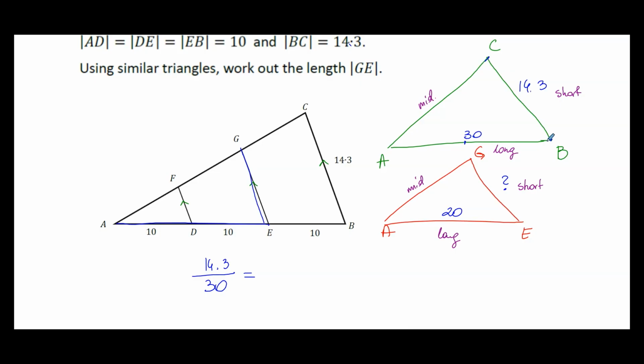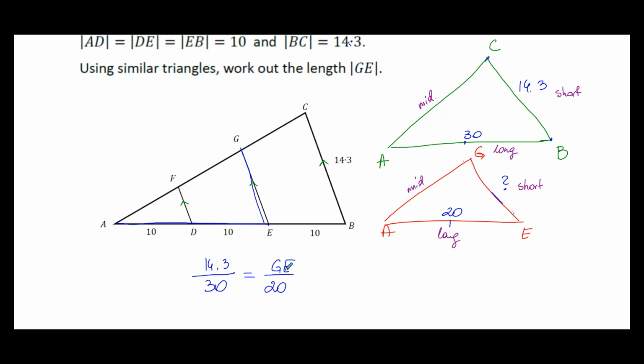That's almost true, but not fully. That's the idea: if this side goes twice in here, it will be the same relationship in the other similar triangle. So GE will relate in the same way to that 20.